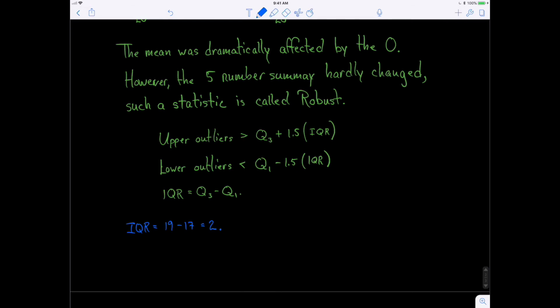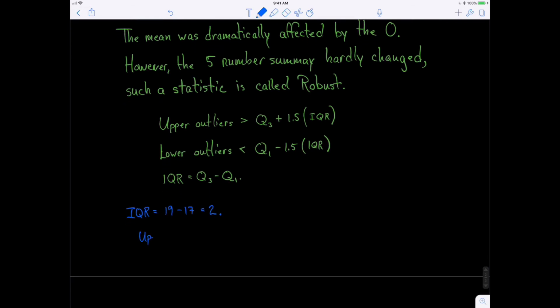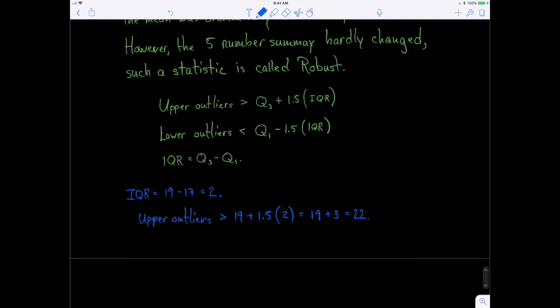Then our upper outliers are anything above Q3. Well, that's 19 plus 1.5 times 2. Well, that's going to give us 19 plus 3. So any value above 22 would be considered an upper outlier. In this case, there are no values above 22, so there are no upper outliers.